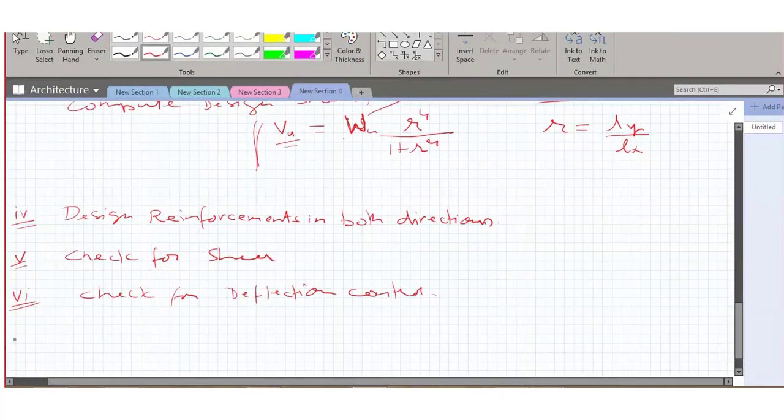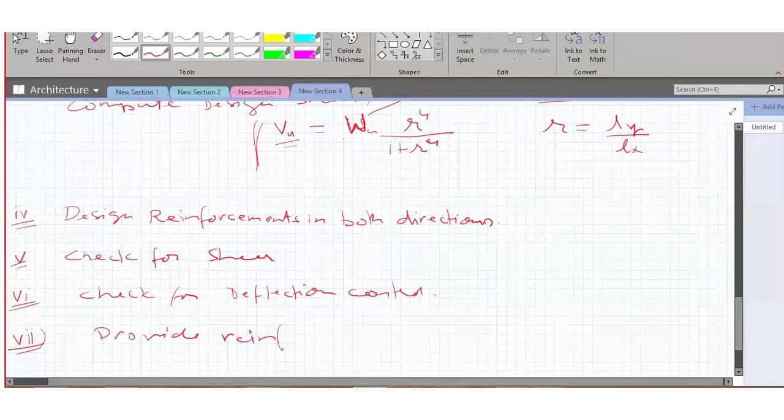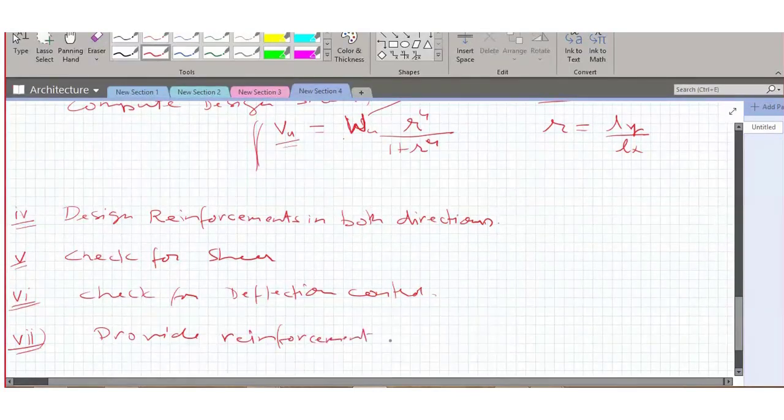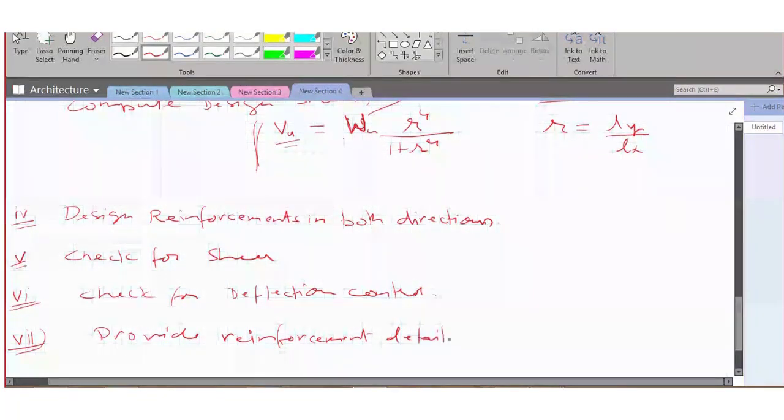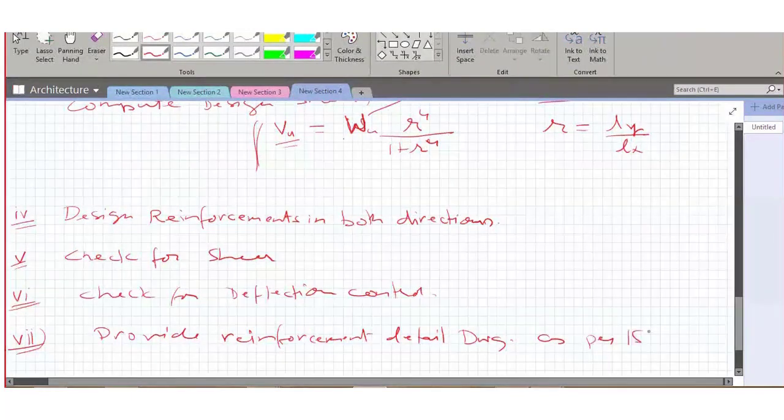And the final step is to provide the reinforcement detail drawing as per IS 456 2000 recommendation. Basically, using IS 456 2000 recommendation, we provide the reinforcement detail drawing. Or you can refer to SP 34 also.